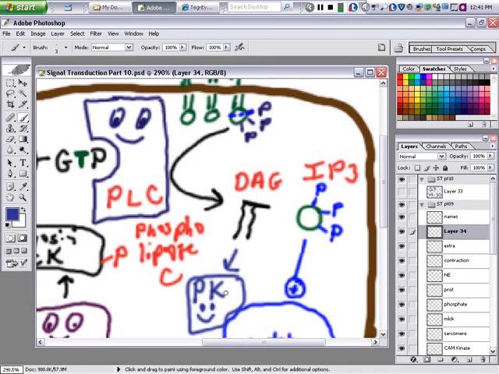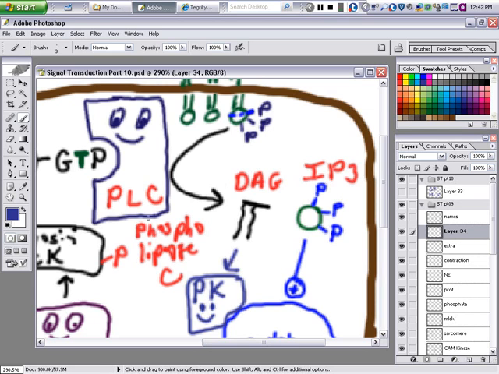Why C? Okay, because phospholipase C has a C in it. Any other guesses? No one said the obvious one, D, because it's diacylglycerol. That's the one I expected you all to say first, but it's not D. And G because of glycerol, that's not it. But it is C.